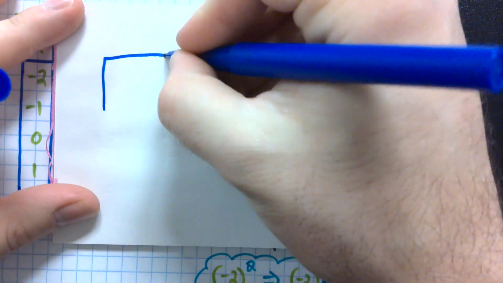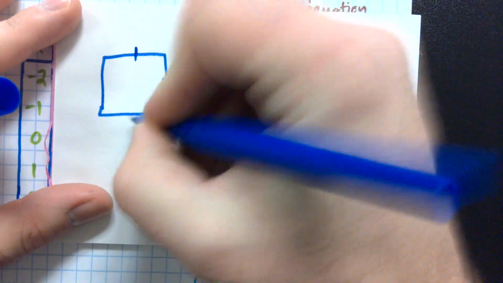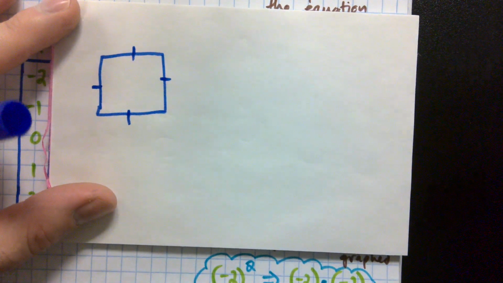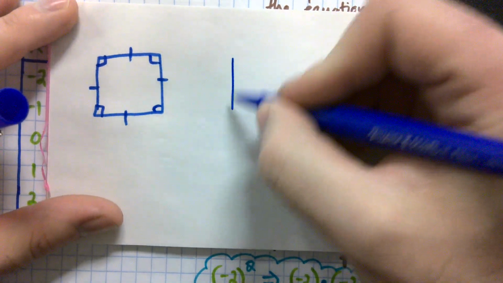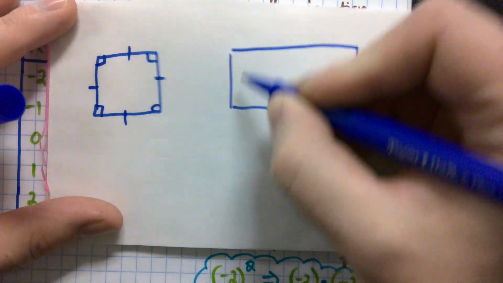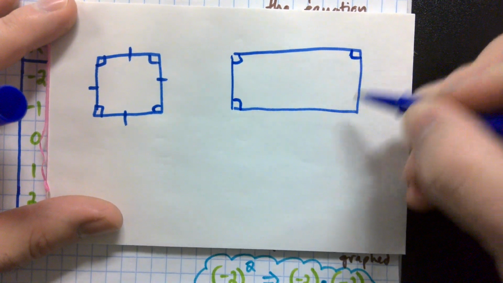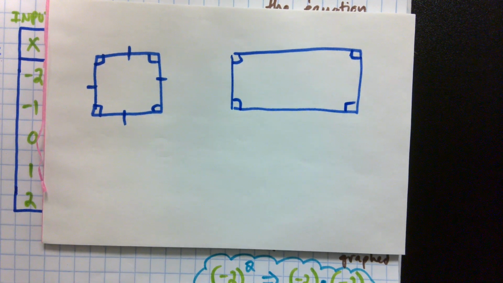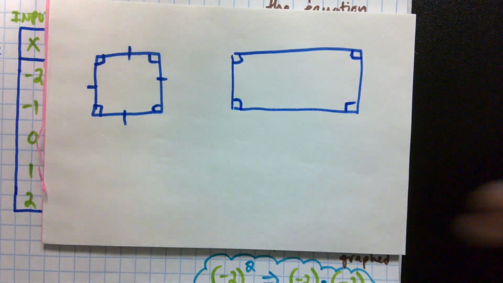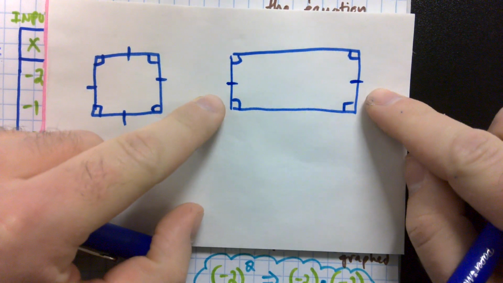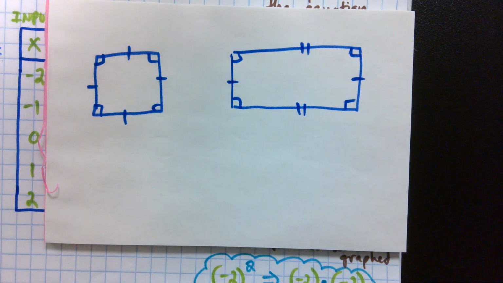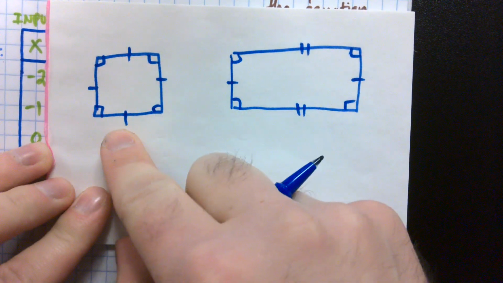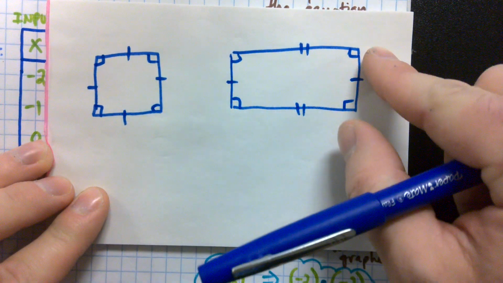A rectangle, because this is kind of an interesting thing. If we have a square, right? Yes. Okay. What makes a square is that all 4 sides are equal lengths and all 4 corners are 90 degrees, right? But what makes a rectangle is that all 4 corners are 90 degrees, and the 2 opposite sides are equal, and the other 2 opposite sides are equal with a different number. Technically, a square satisfies all the conditions of a rectangle, right?